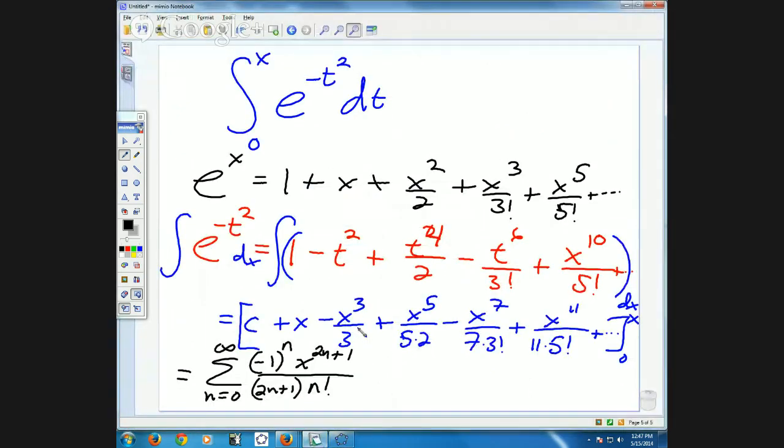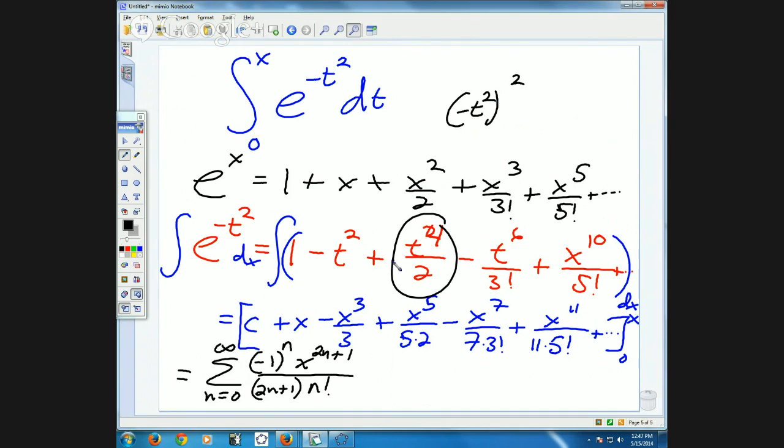So like this term right here, if I square negative t squared, negative times a negative is going to be a positive.